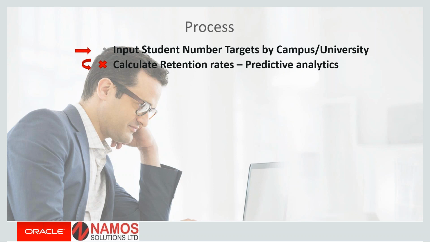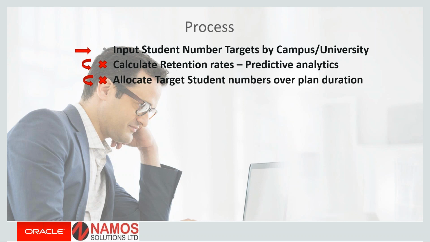I'm then going to calculate some retention rates, and I'm going to use something called Predictive Analytics, which is embedded within the application, to work out what those retention rates are going to be based on historic actuals. I can amend them, but I can just get the system to use that predictive capability and then use those numbers within my model.